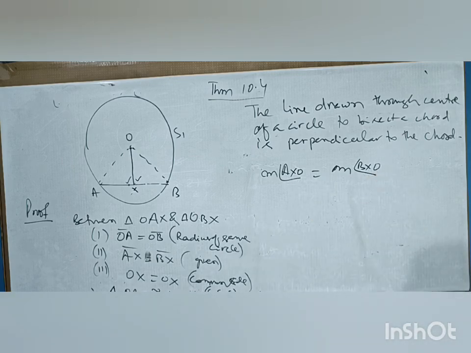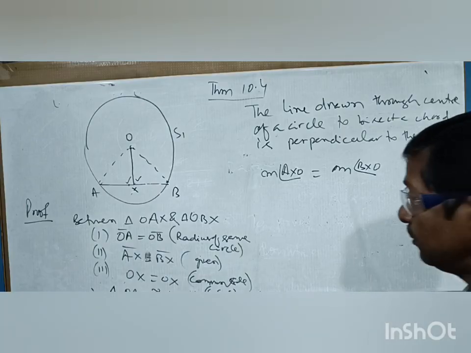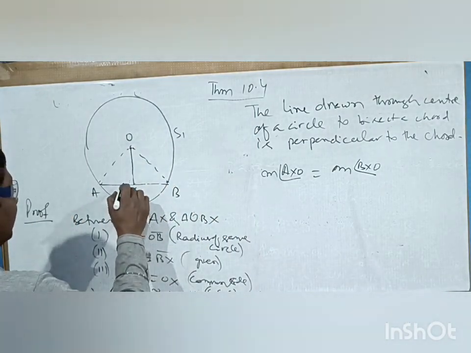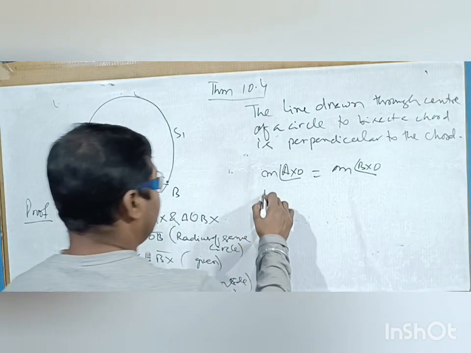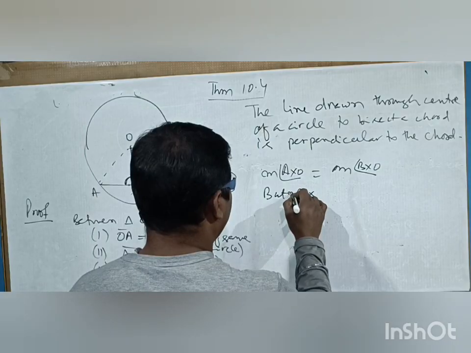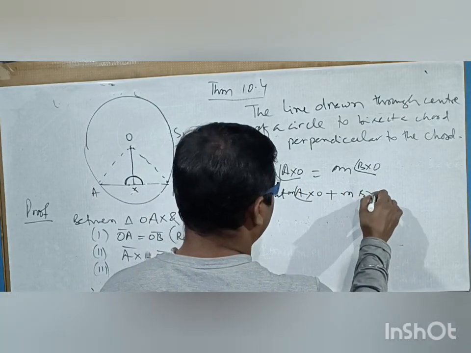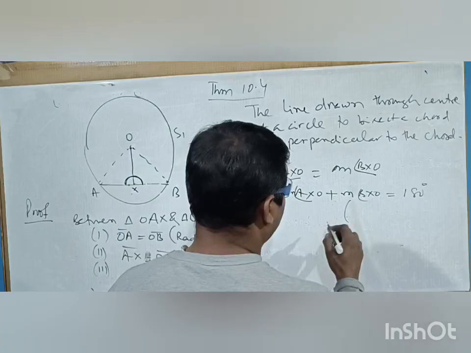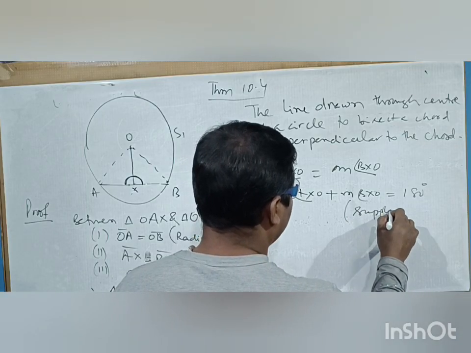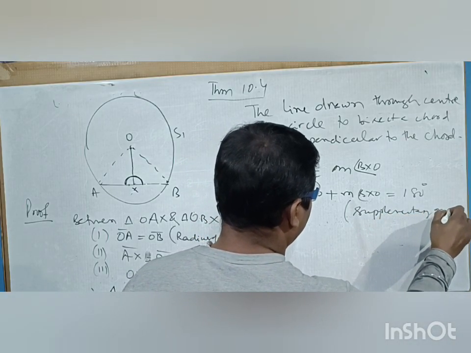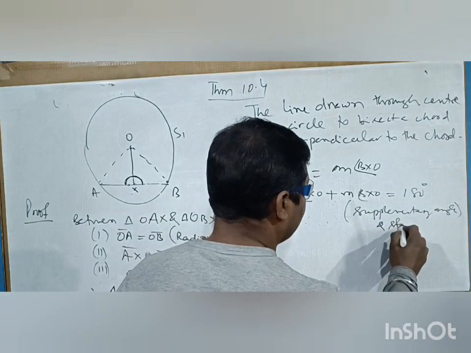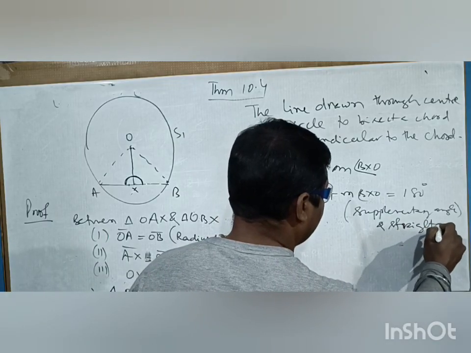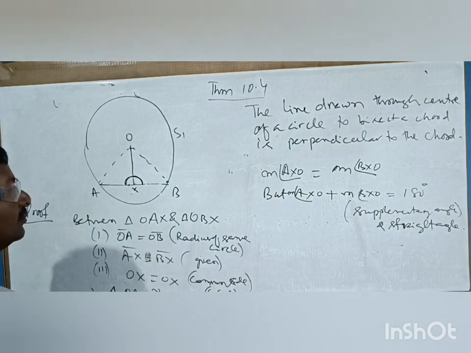But these two angles are on a straight line, supplementary to each other. These two angles are the same and the sum of them is 180. This is a straight angle. So measure of AXO plus measure of BXO is equal to 180 degrees.